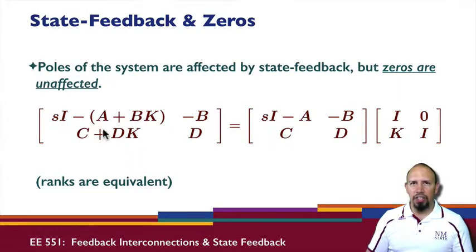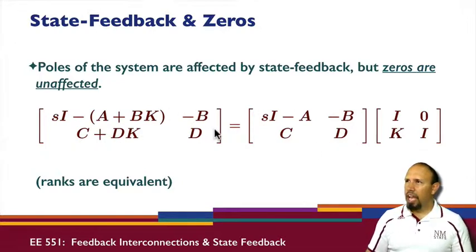The ranks of the two systems are equivalent, even though we're applying state feedback. The reason is that this matrix product has the same rank as this matrix because the other matrix is non-singular, so the rank of this product is just equal to the rank of this quantity.